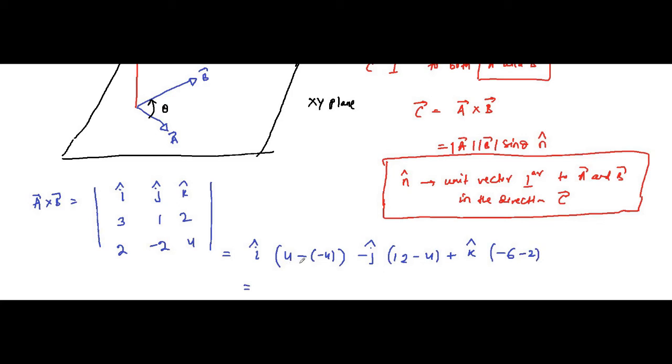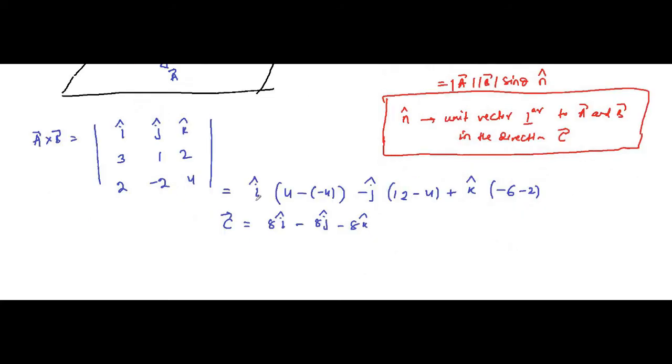So it is 4 minus 4, which is 4 plus 4, which is 8i cap, minus 12 minus 4 is 8, minus 8j cap, and here it is minus 8k cap. This is the resultant vector C vector, which is A vector cross B vector.